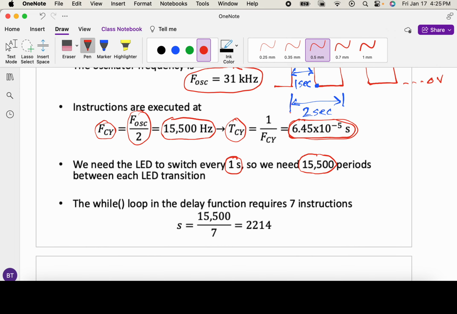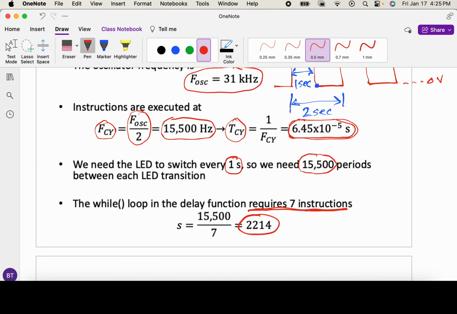Our delay function in our while loop needs to take, so if it takes 7 instructions to get through that while loop one time, then we need to go through that while loop 2,214 times to pass 1 second's worth of time. So where does this 7 instructions come from?